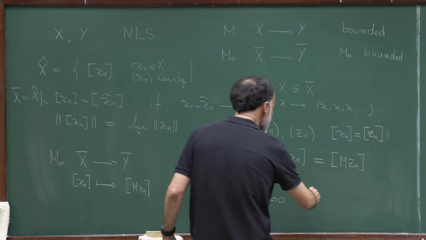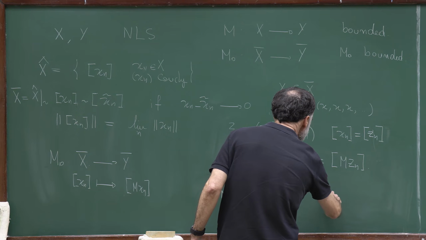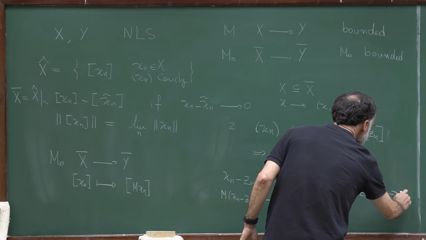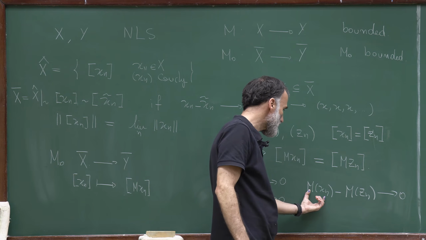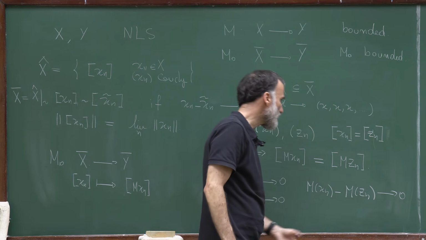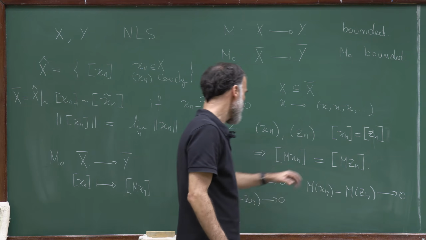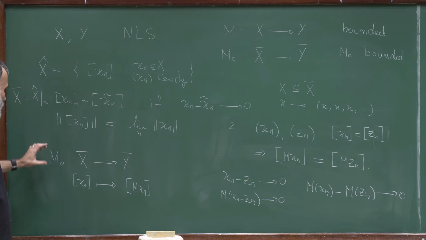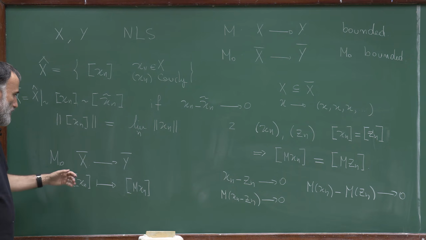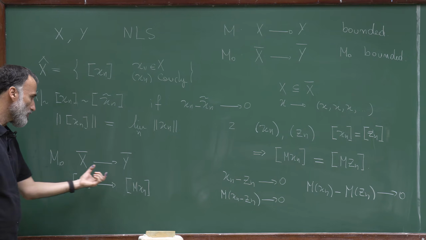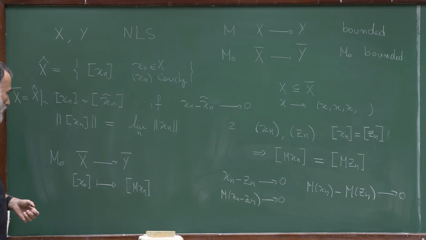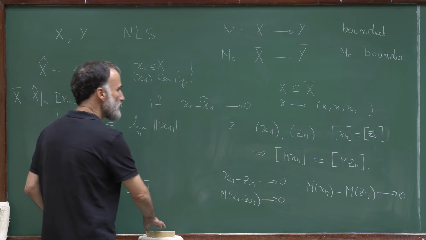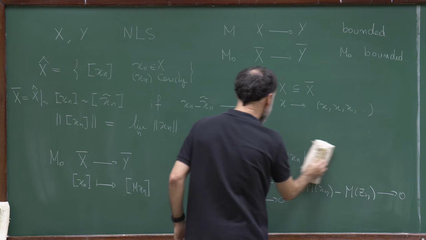By linearity, this means that M of x_n minus M of z_n converges to 0, and therefore the equivalence class of M x_n is equal to the equivalence class of M z_n. Therefore, this map is well defined. So now we have a well defined map from the completion of X to the completion of Y. Now I want to show that this map is linear, it's bounded, and it's an extension of M.